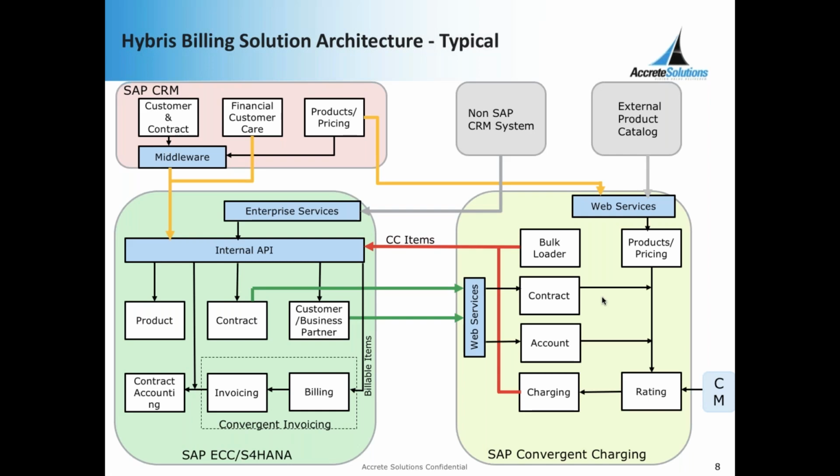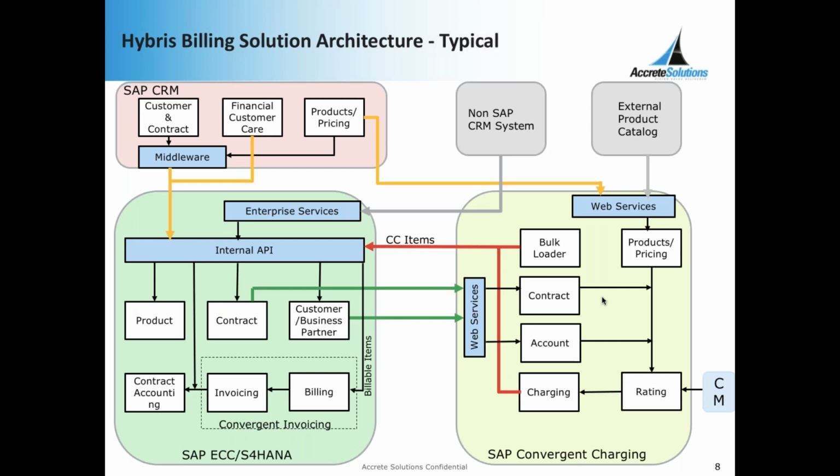When we talk about the overall architecture, if we start in the lower right-hand side, see where CM is. Convergent mediation is gathering up the transactions from all of the different platforms that deliver the service, that produce some sort of electronic transaction. Those get sent to convergent charging to determine the pricing based upon the products and pricing.